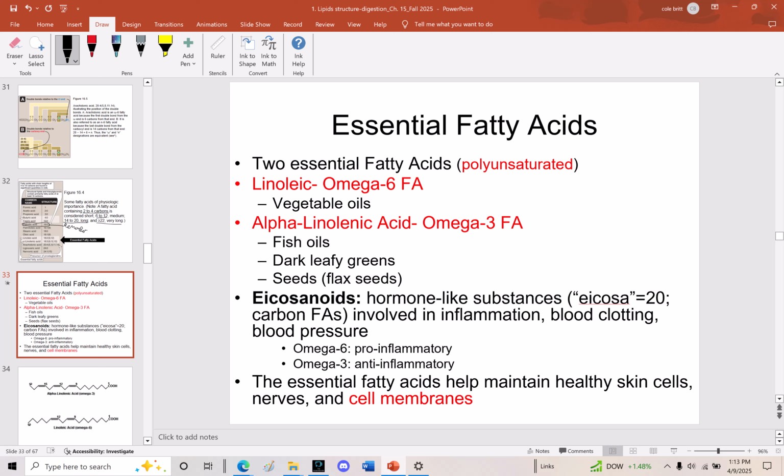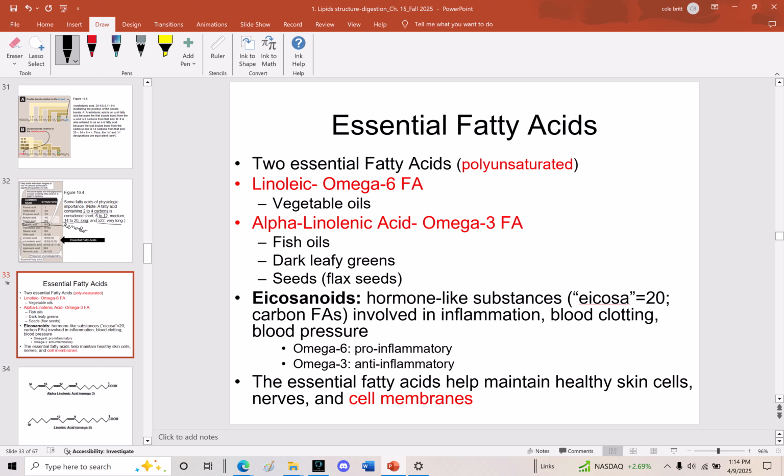But linoleic is omega-6, and I still confuse these, but keep in mind, you do need to know the difference. Linoleic is omega-6. Linolenic is omega-3. You can see why I get them confused all the time. You will not get them mixed up because I'm going to remember them this way. Omega-6 is linoleic. Omega-3 is linolenic.